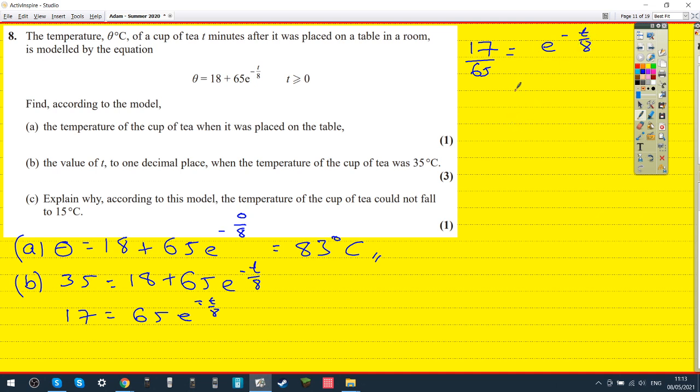Any idea how you solve this predicament? Would it be easier if we made it so it's e over... How do you solve it if the unknown is in the power?